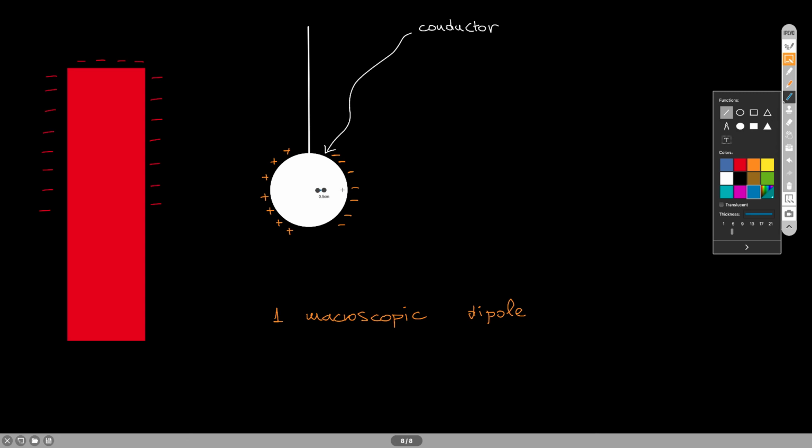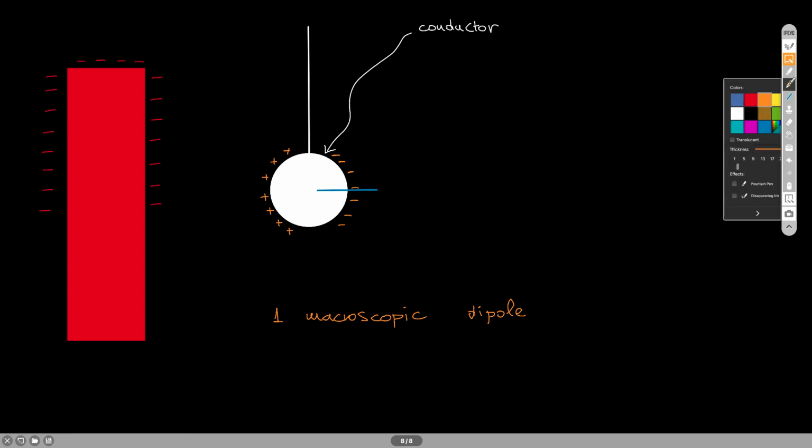I know that there will be some repulsion going on, and this is the force, say, from the rod on the negative side of the sphere.